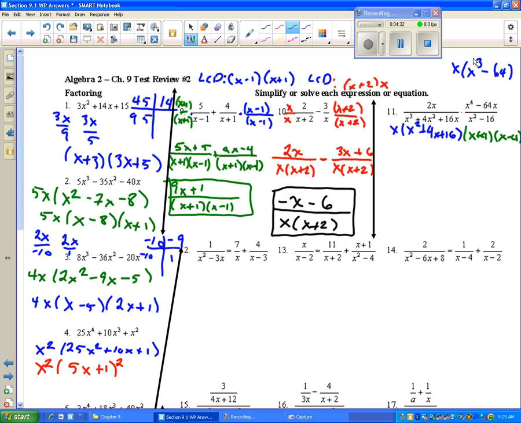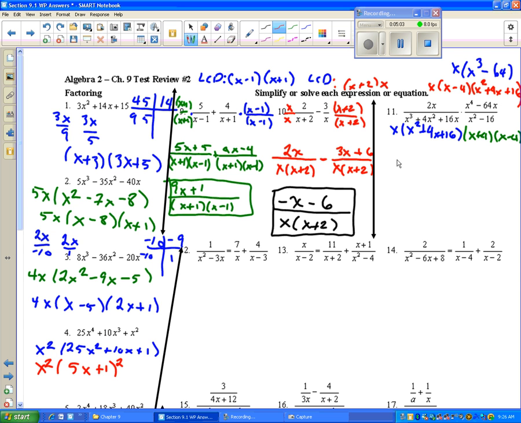But this x cubed minus 64 can factor out some more. This here is not going to factor out anymore. So let's see, remember this x cubed minus 64, that's a difference of cubes. So there's my x in front. It's going to be x minus 4 times x squared plus 4x plus 16.